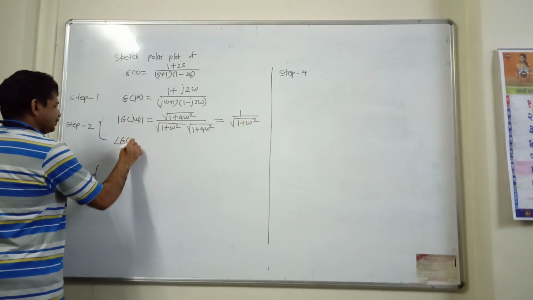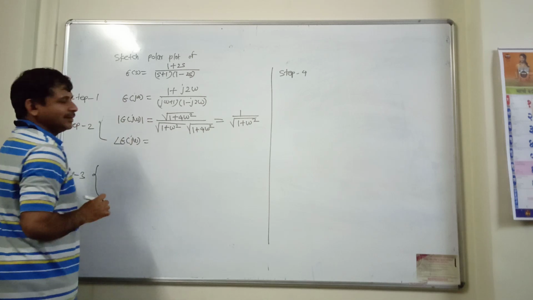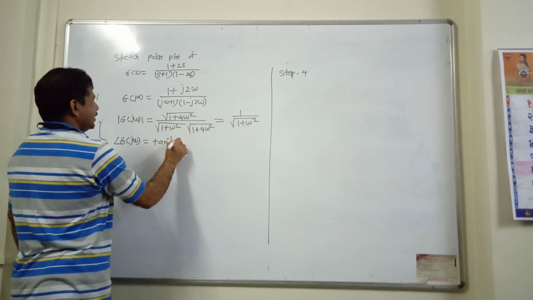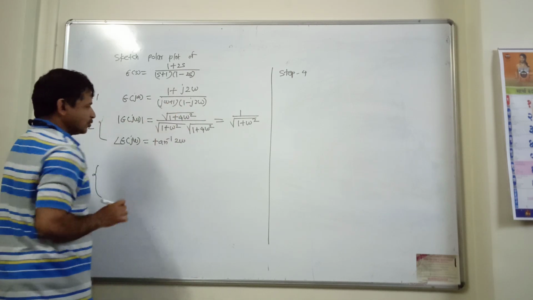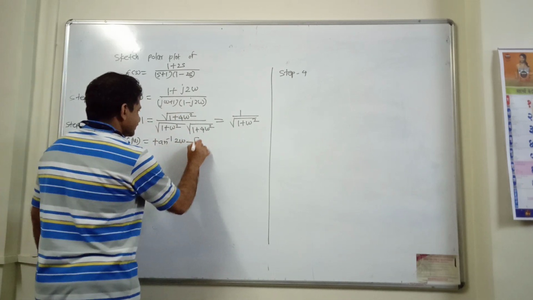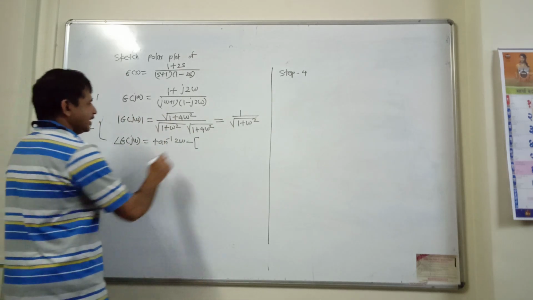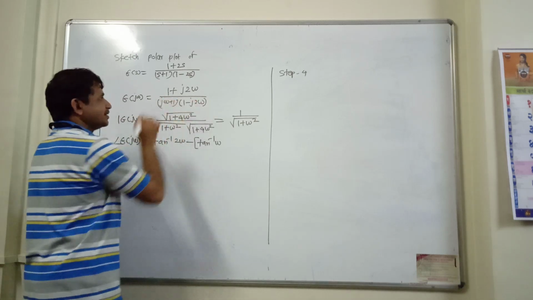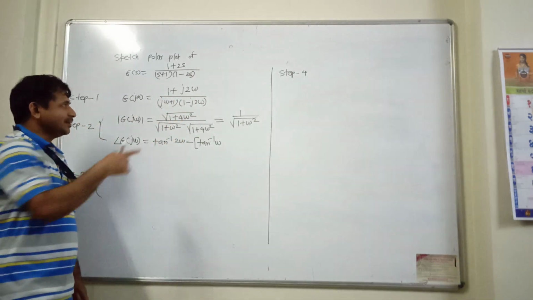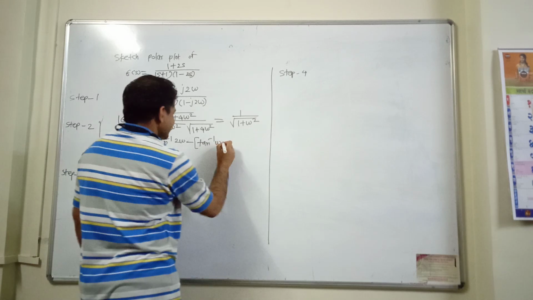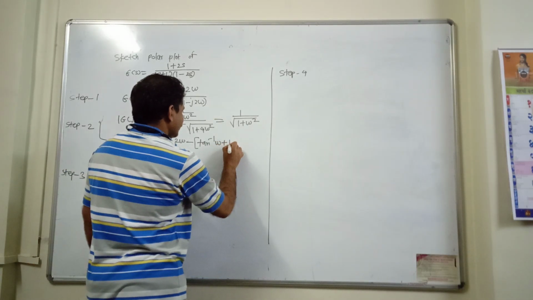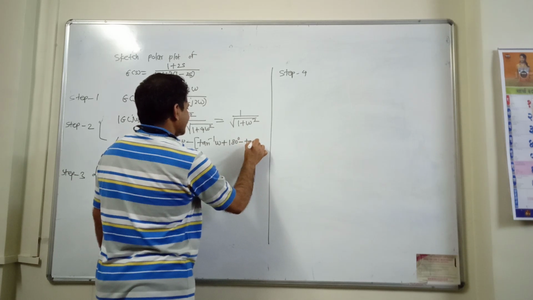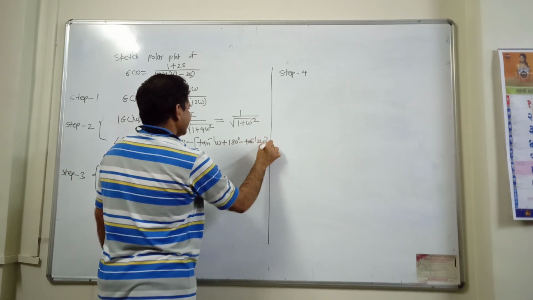Then angle. For angle, the angle of numerator is tan inverse of imaginary by real, which is tan inverse of 2 omega, minus the angle of the denominator. That is tan inverse of omega, and the angle of the other factor. Let us recall the previous example. Here you have a negative sign, so it is plus 180 degree minus tan inverse of imaginary by real.